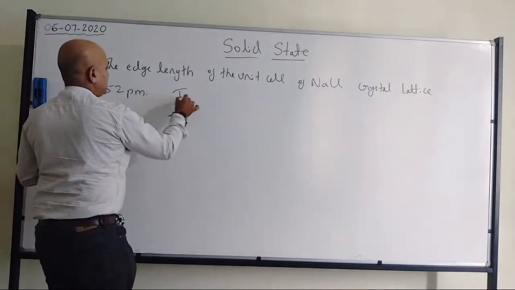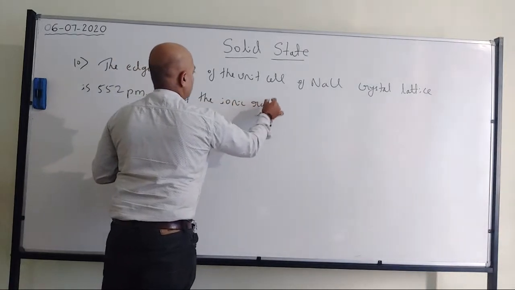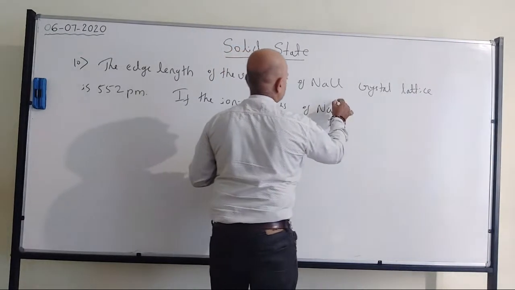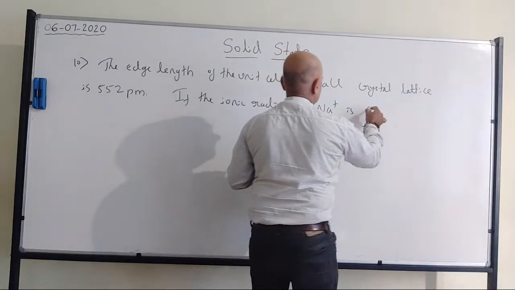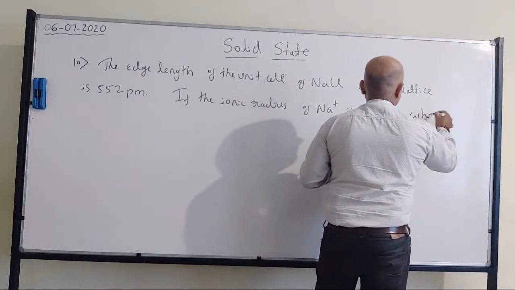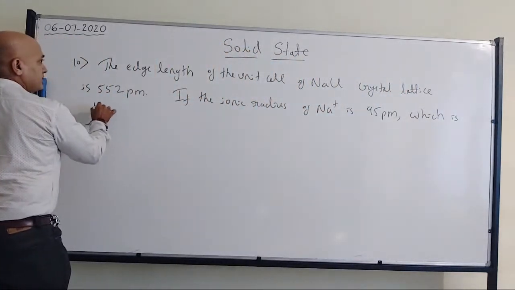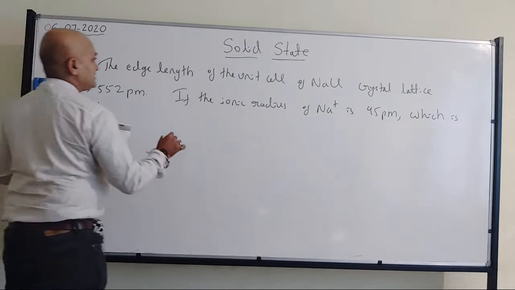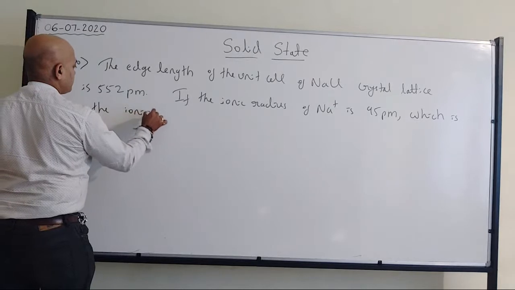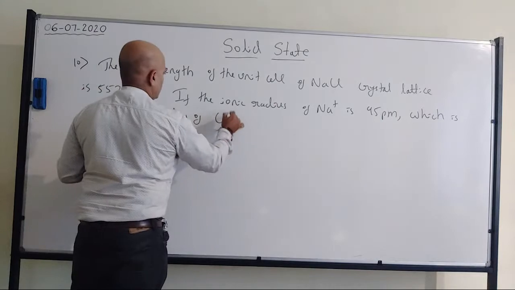If the ionic radius of sodium ion is 95 picometer, what is the ionic radius of chloride ion?